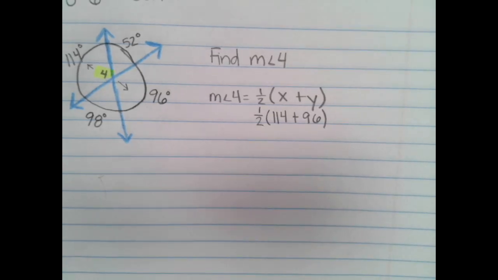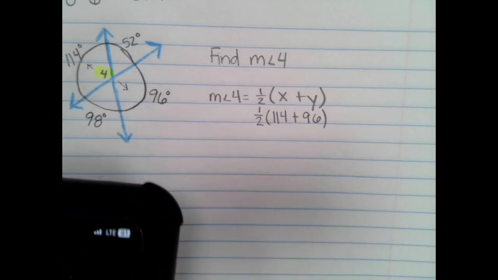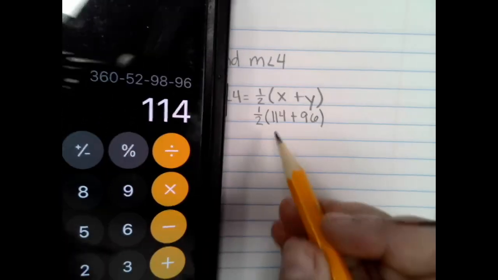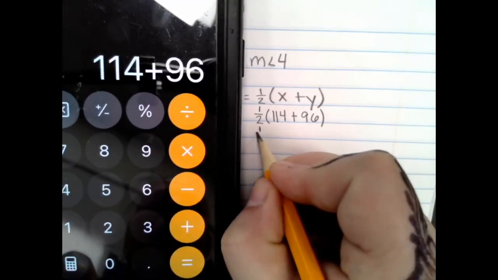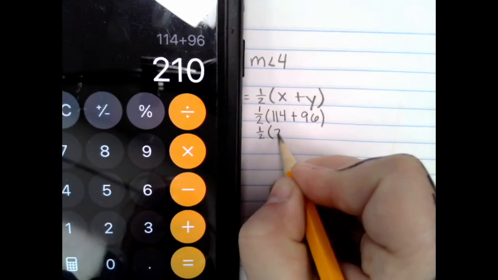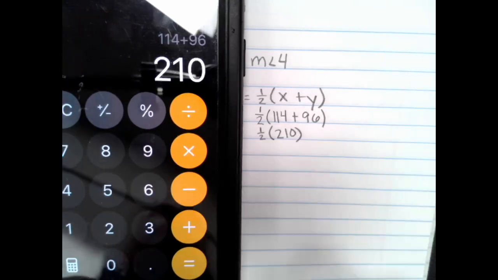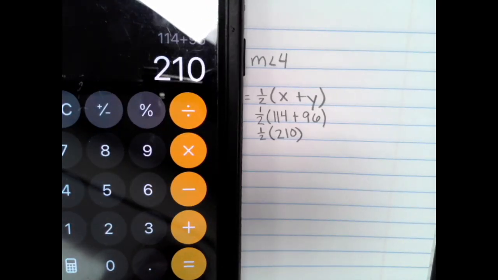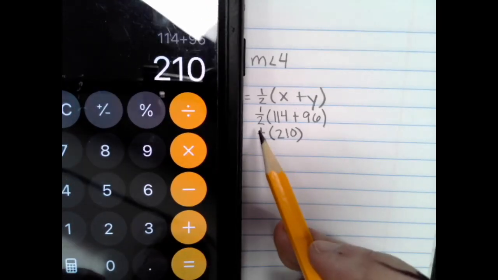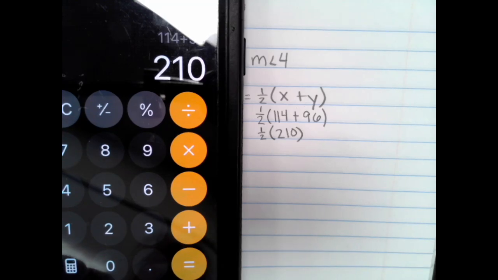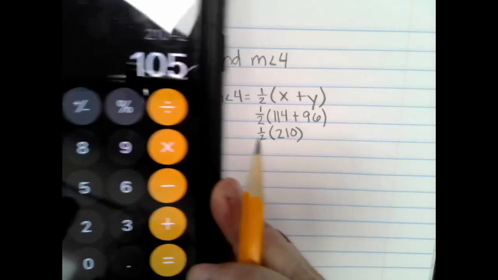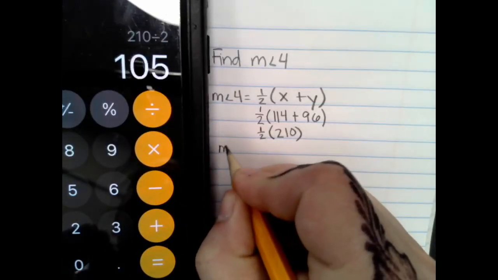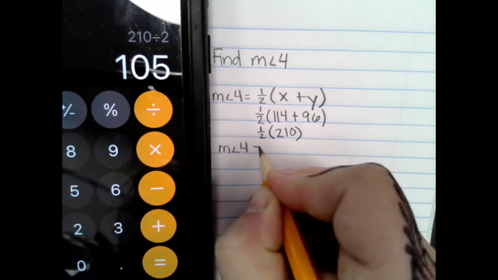Which part would we do first if we were doing it by hand? Good, the 114 plus 96. So it would be 1/2 of 210. Which remember to do half, you can just hit divide by 2. So divide by 2 is 105. So measure of angle 4 is 105 degrees.